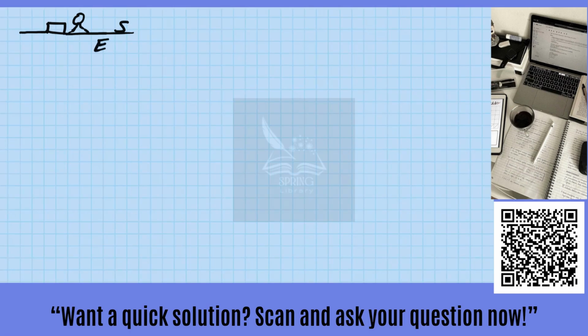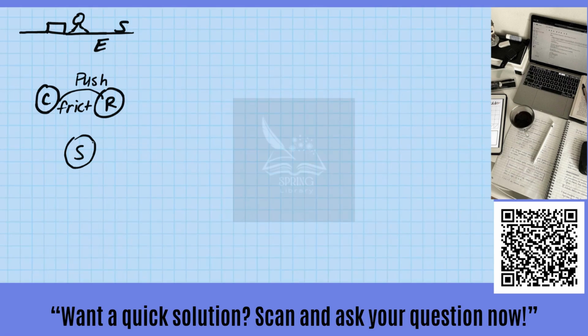Okay, so we can tell that the toy car is touching the rabbit. So for our interaction diagram, you have the car, you have the rabbit, there is a pushing force between them. There's also friction. We have the surface down here. The surface is where there is friction, so between the car and the surface there's friction.